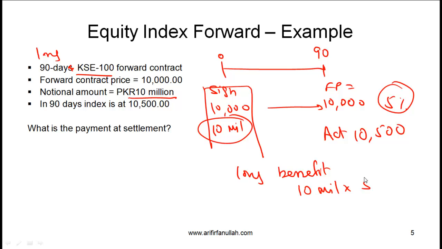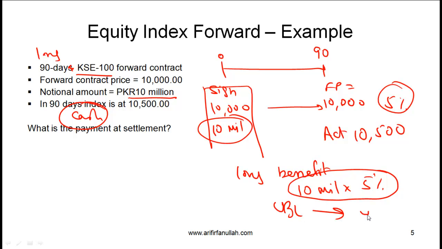So your benefit is 10 million into 5%. Now typically index-based contracts are settled in cash. So since this is settled in cash, this is the amount that UBL, the dealer, will pay you. UBL, remember, had the short position and you have the long position.